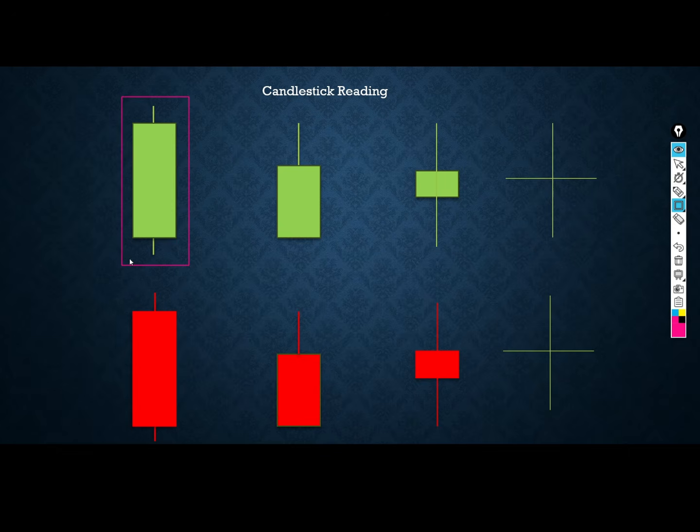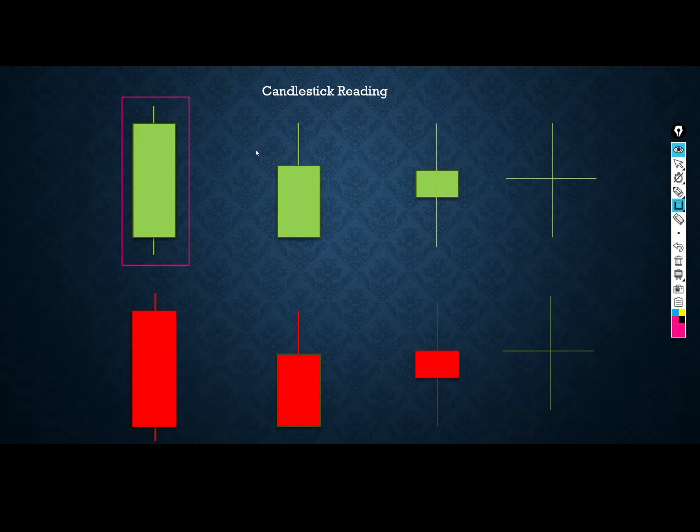In this candle, buyers dominated the entire session. They kept pushing the price higher while sellers couldn't stop them. The larger the body, the stronger the buying pressure. This represents strong buyer strength.